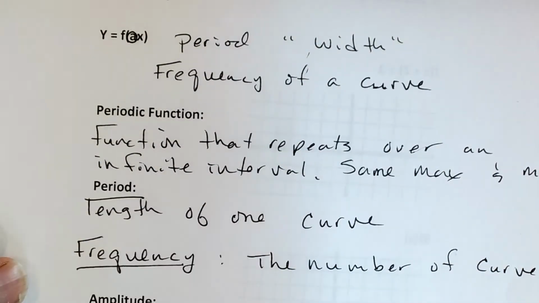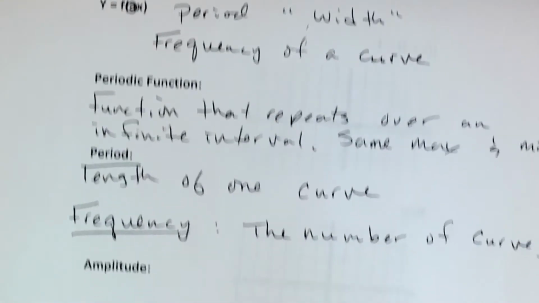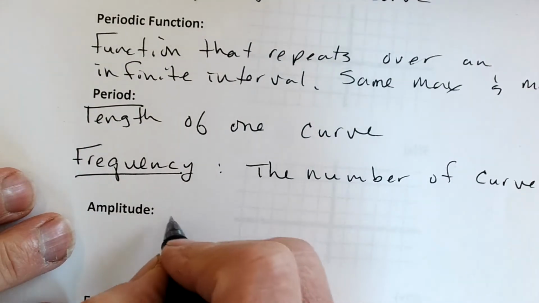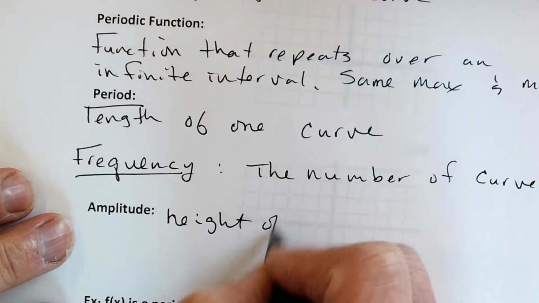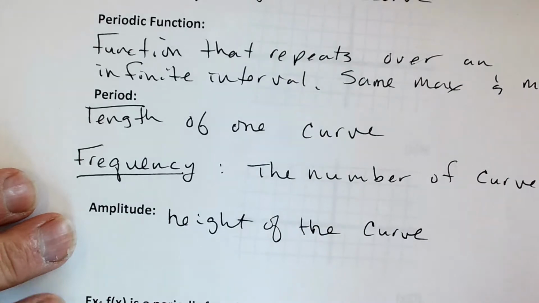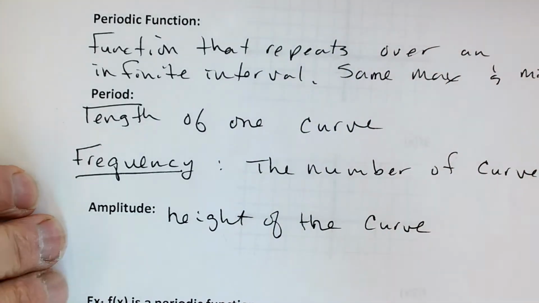So the period is the length of a curve, the frequency is the number of curves, and the amplitude is just the height of the curve. We've got to be careful on that one. As soon as you write that down, I'll show you why we've got to be a little careful on that.